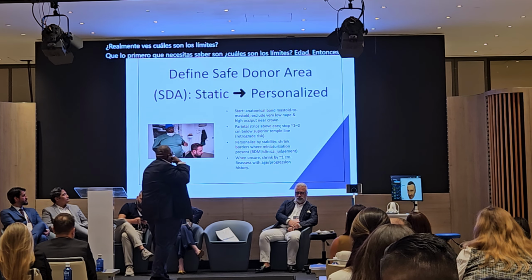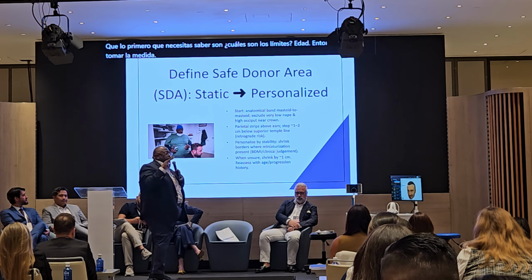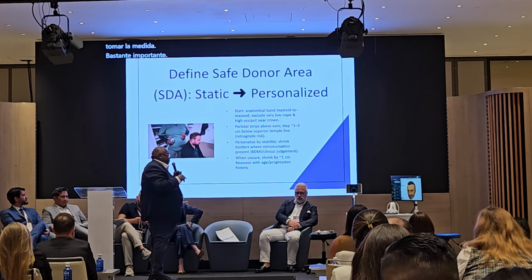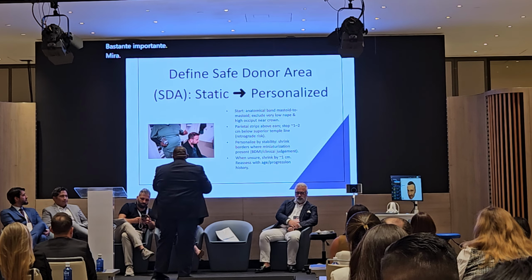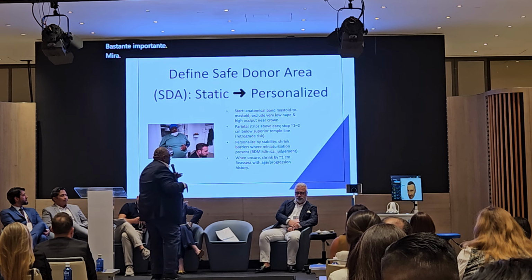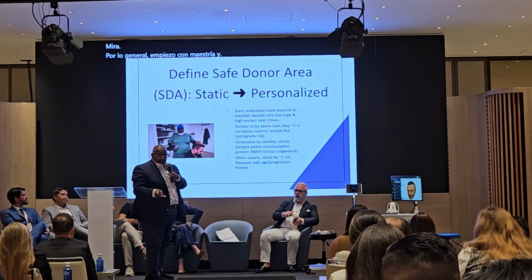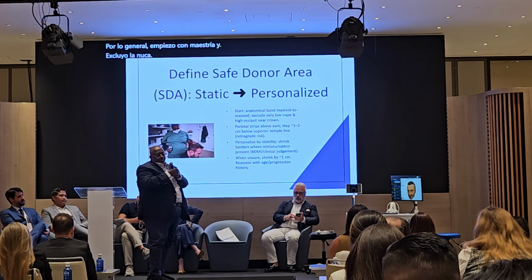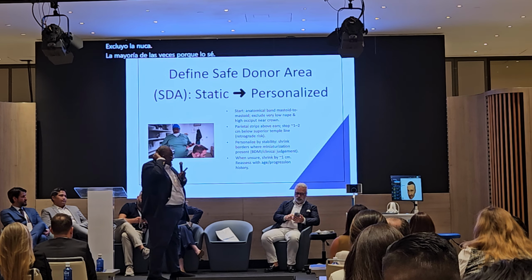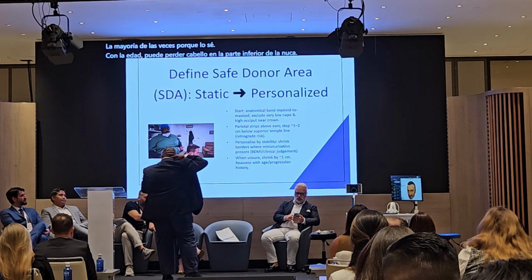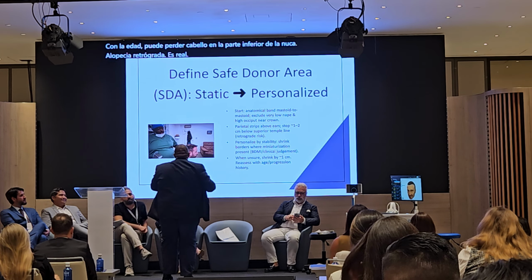I usually start with the mastoid, and I exclude the lower nape most of the time because I know with age you may lose hair in the lower part of the nape. Retrograde alopecia is real. So some people just check the donor like this, but sometimes you have to do like this to see that you can have 2-3 centimeters in retrograde.